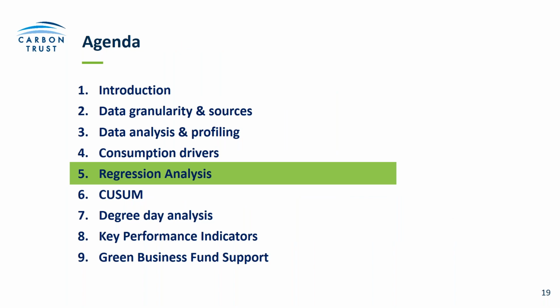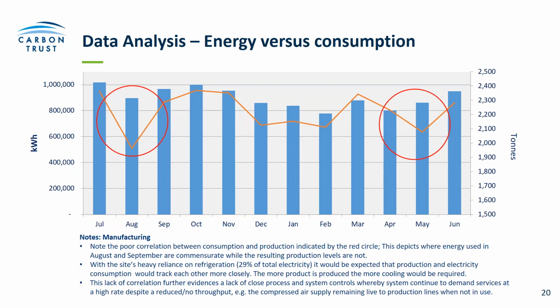So if we go on then and look at some analysis of the energy consumption against a few of the energy drivers, to see how we can interpret that data. There's the electricity consumption, the blue bars, and the site production level is the red line.